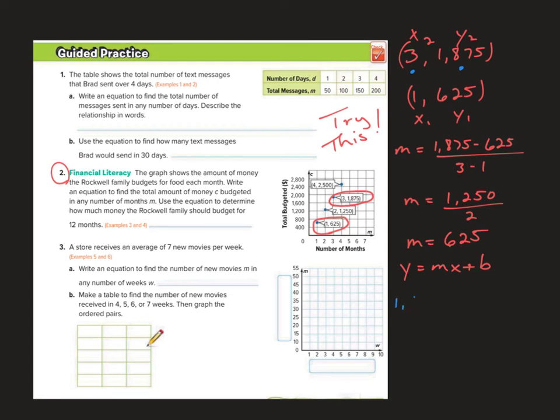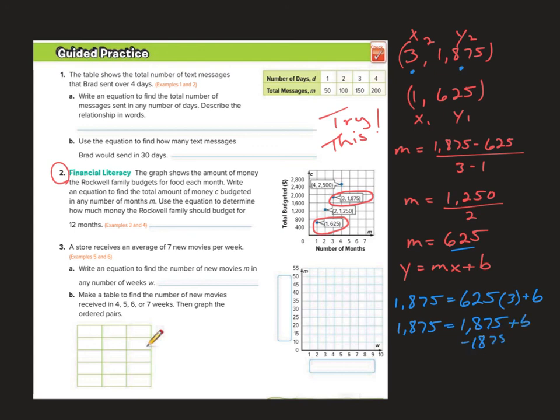So I've got 1,875 for y equals 625, which is my slope, times 3, which is my x value, plus b. When I work this through, I get 1,875 equals 625 times 3 is also 1,875, plus b.